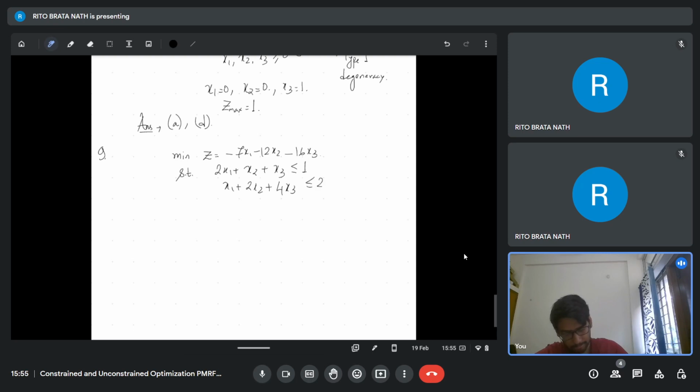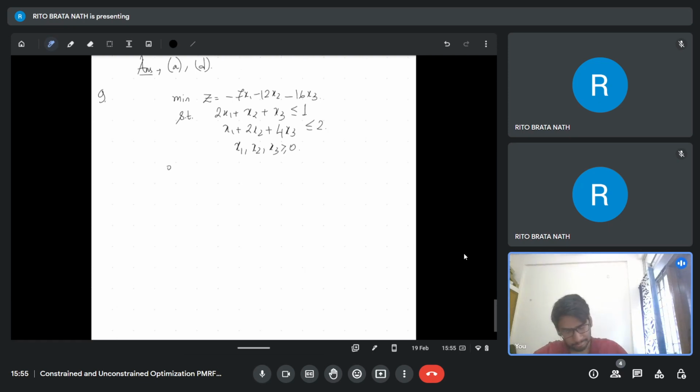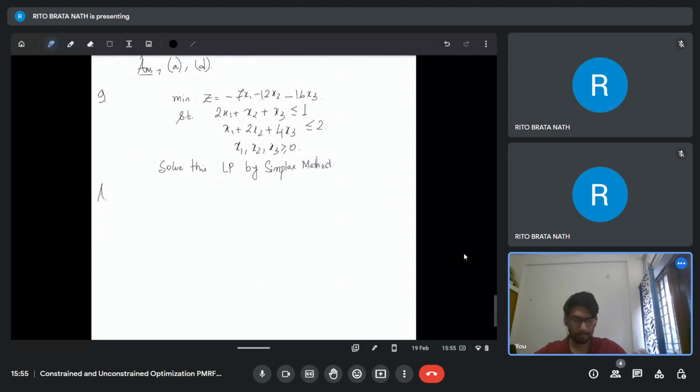it's all again less than or equal to type, and that's good news, because you can just deal with 5 variables. Okay, so solve this LP by the simplex method. I'm not writing the standard form as such, or I can write it down as well.